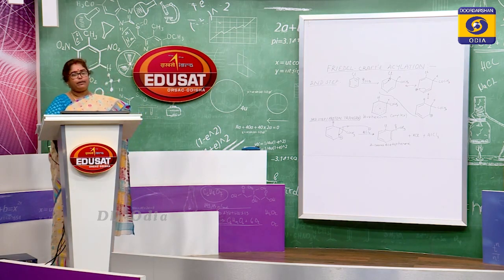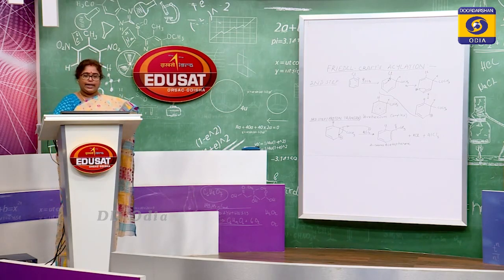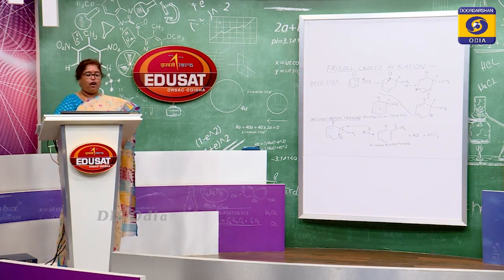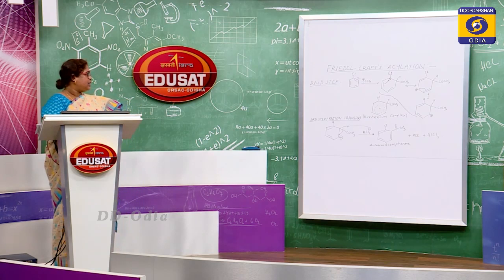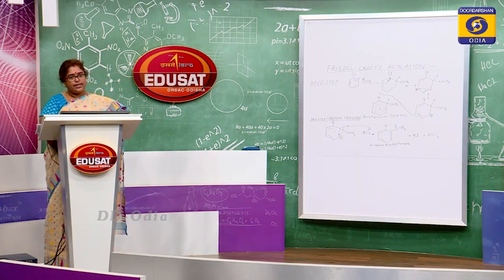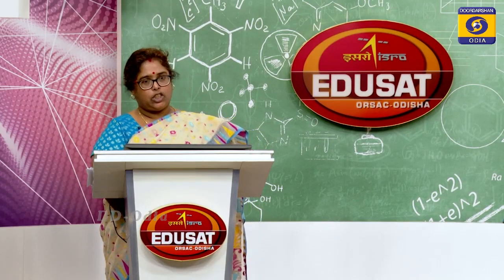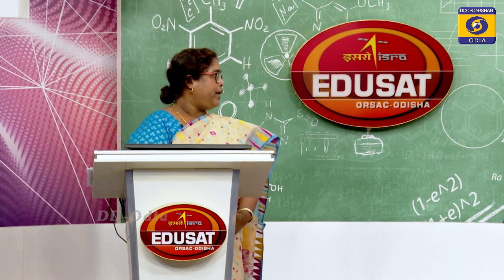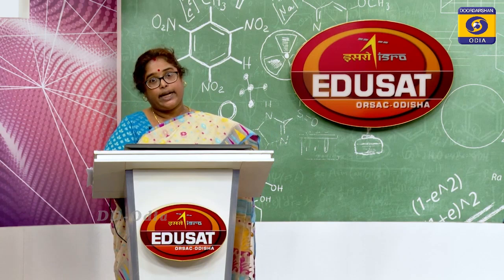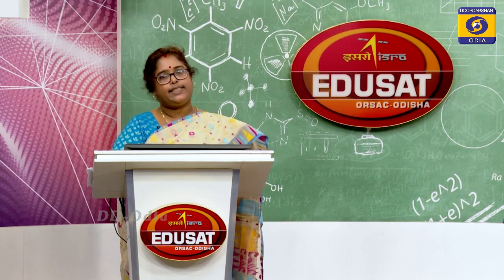And what we saw is that whenever the electrophile attacks, a complex is formed, known as the arenium complex, which is resonance stabilized. Because of the resonance stability of this structure, the complex is formed, and we also saw that during this process the aromaticity of the compound is lost.